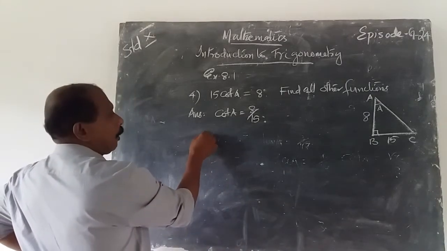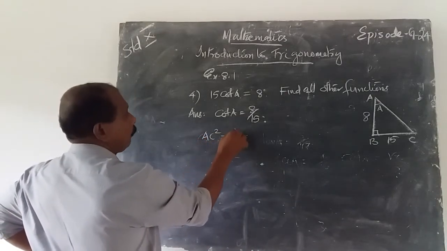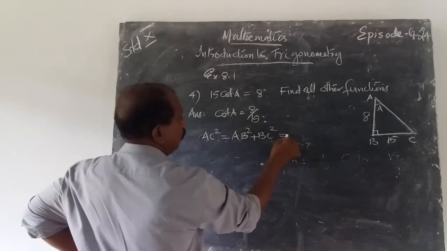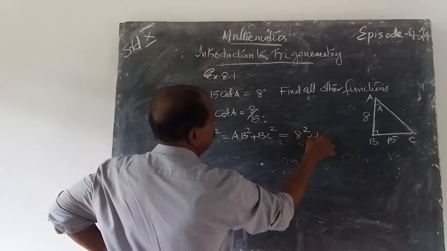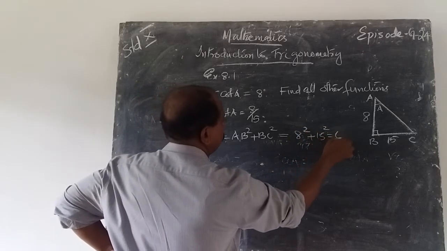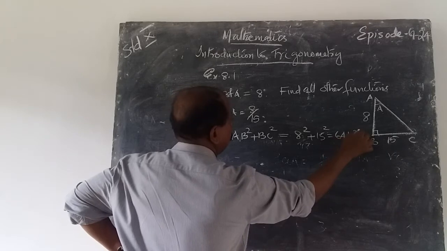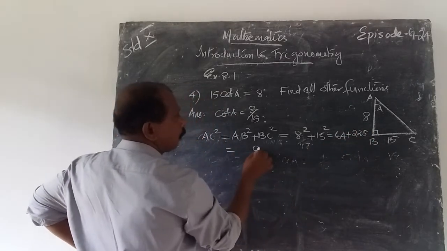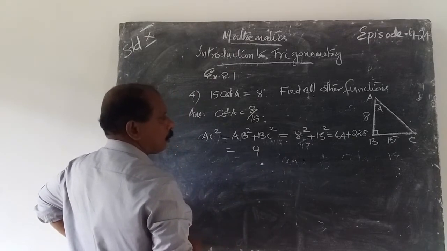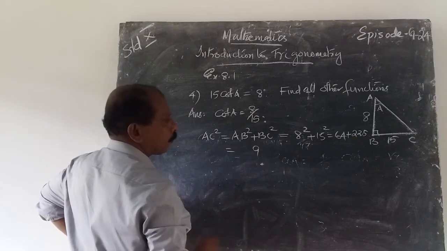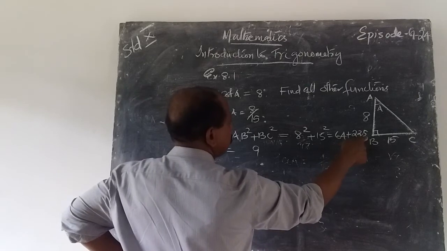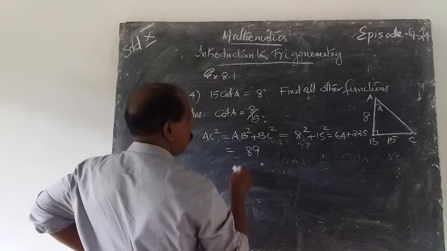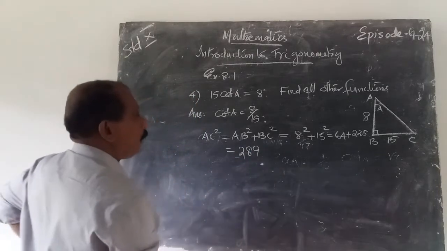AC square is equal to AB square plus BC square, that is the Pythagoras relation, which is 8 square plus 15 square, equal to 64 plus 225, equal to 289.